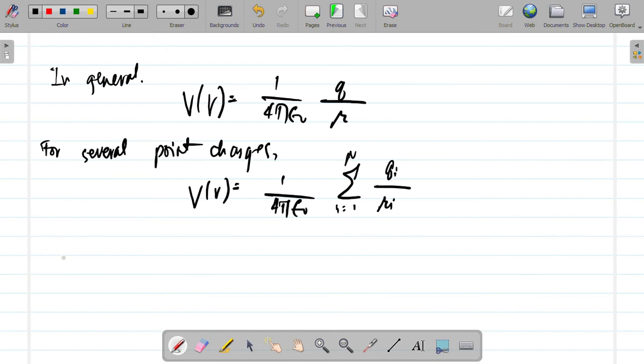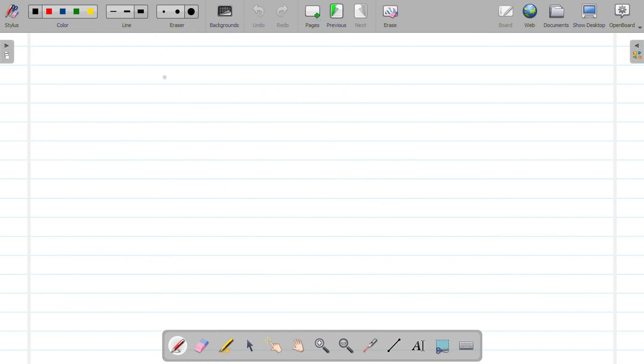So for continuous distributions, hindi na siya sum, integral na siya. So we have V of R equals 1 over 4 pi epsilon naught. Ay, sige class, gawin ko ng general case.